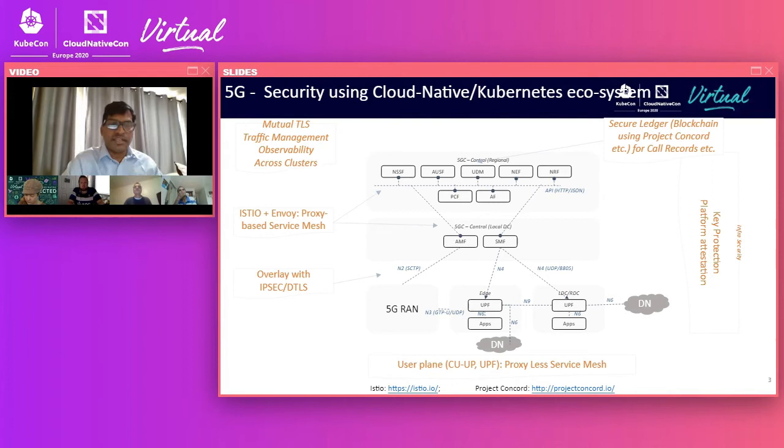So it will treat the NRF as any other microservice from a service mesh point of view. But at the same time, there is an opportunity, something we are discussing in the community also, to see whether some Istio plugins can be developed to take care of NRF functionality internally within Istio. That way you can avoid multiple service lookups.